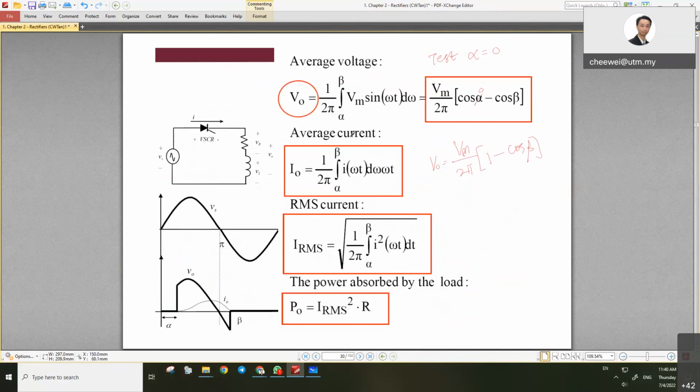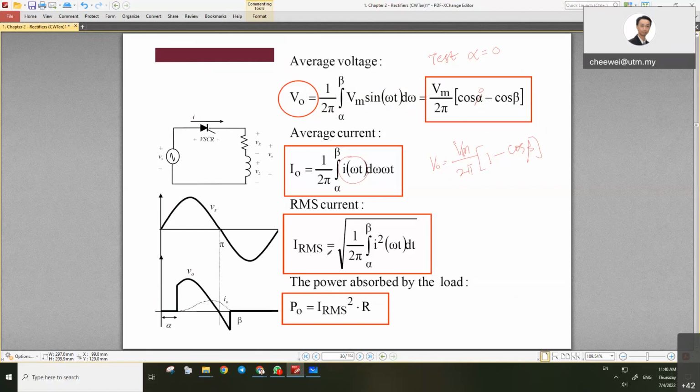Calculate the average current of this circuit. To find this average current, you need to press the calculator for the equation. That is exactly the example I've given you on using the calculator, so please look at it.